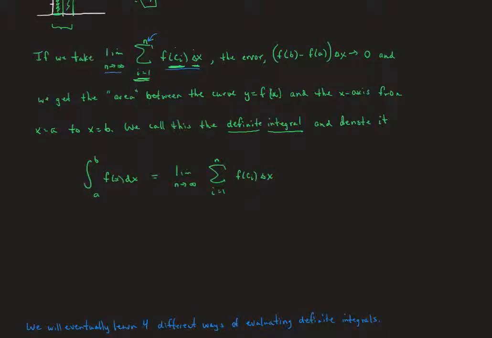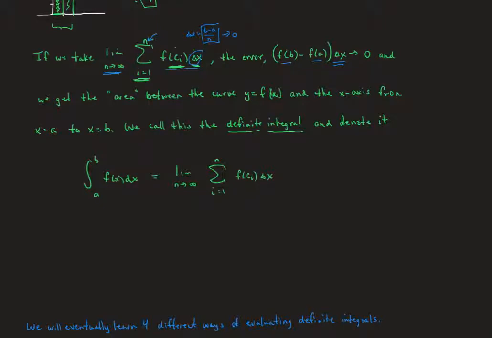If we take the limit as n goes to infinity, then our delta x's, which remember are given by b minus a over n, go to 0. As we saw earlier, our error is going to be the value of the function at the end minus the value of the function at the beginning times the delta x.